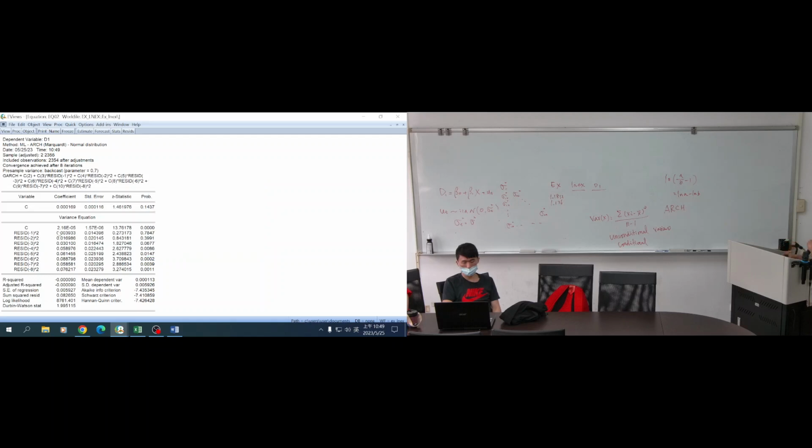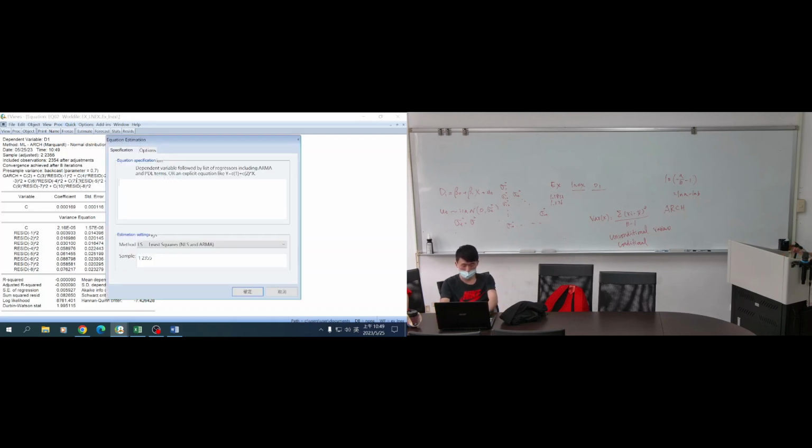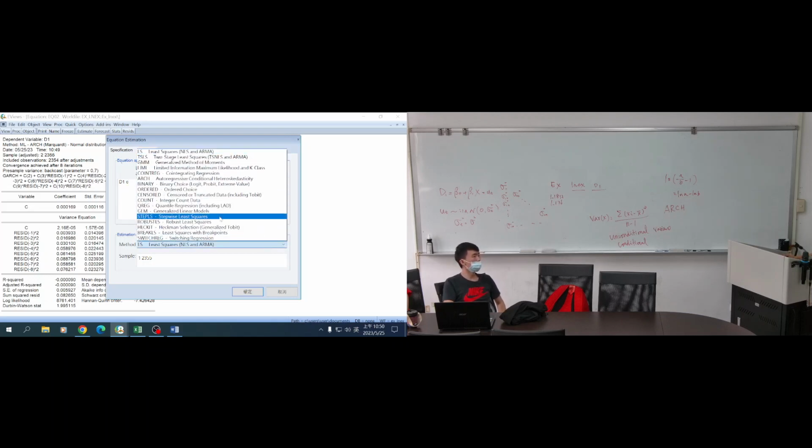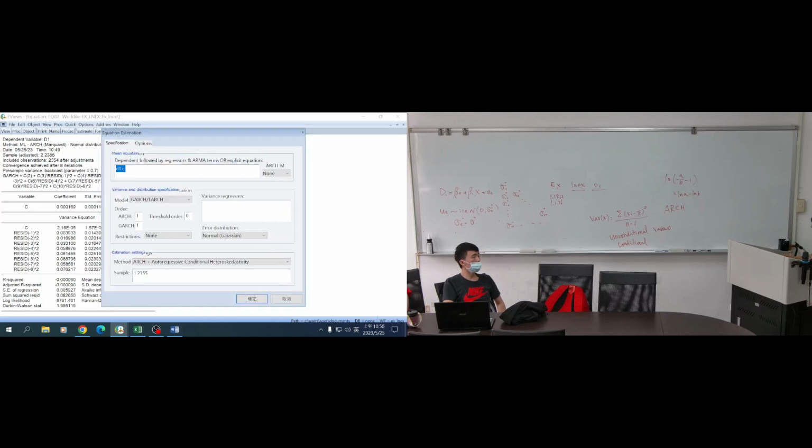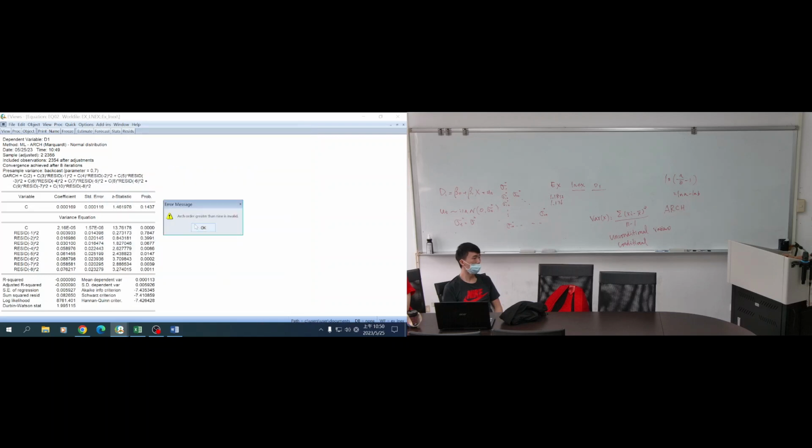And I tried 12 in Estimate Equation. It says an ARCH order greater than 9 is invalid, so 8 is the maximum.